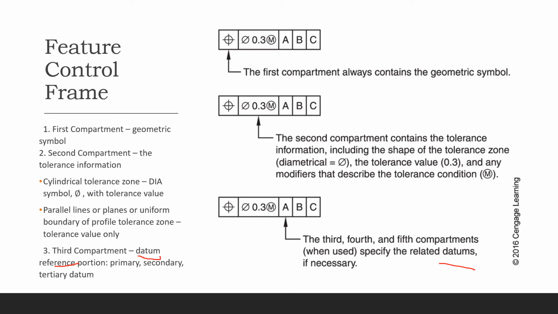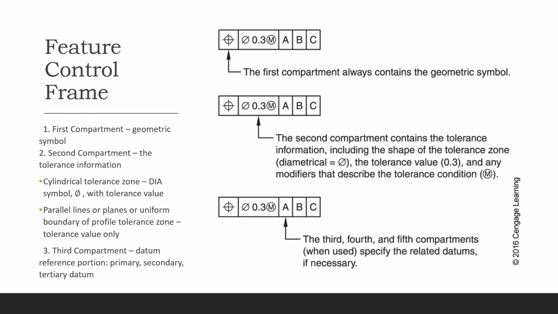So now we go with the frame. Every time you think about the frame, remember that there are 5 compartments, and each one of them is giving you information. What are they? First, the symbol, then the value, and whether you have modifiers or not. There are 3 modifiers in there.